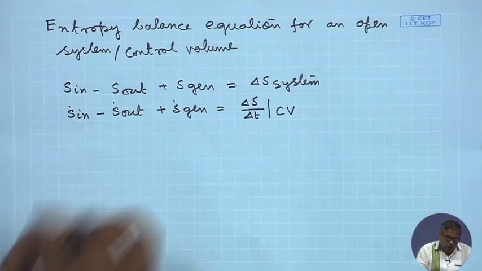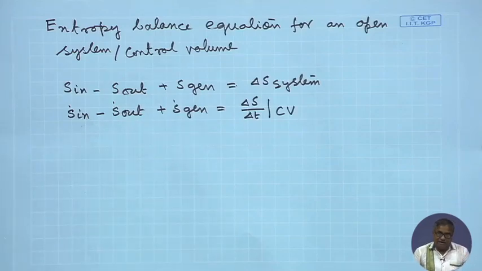So, how can entropy enter this system? If it is a closed system, then there is only one way of entering the system, that is through heat transfer. But if it is an open system, then there could be heat transfer, and also entropy can come in through mass.